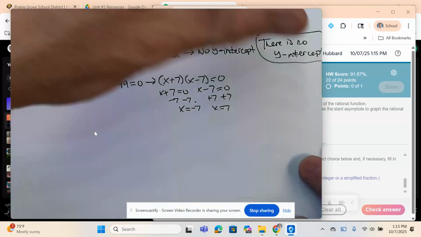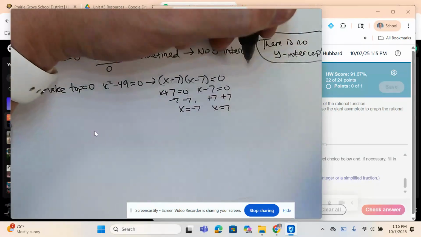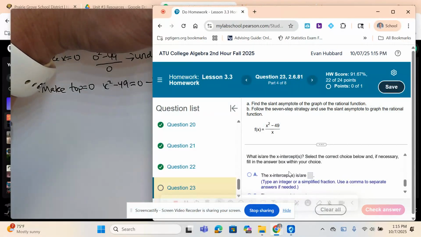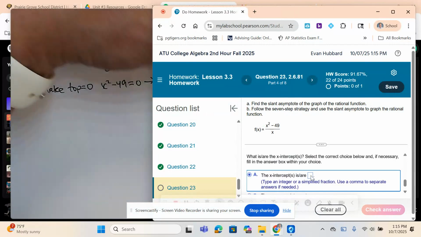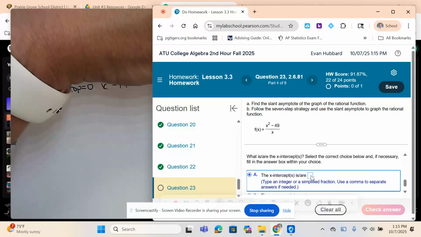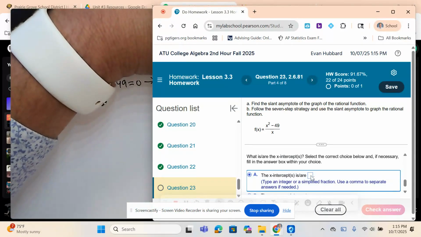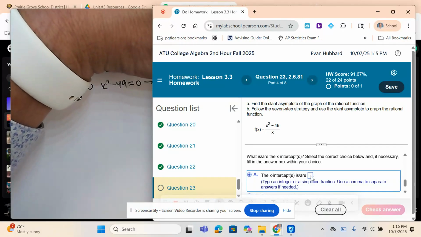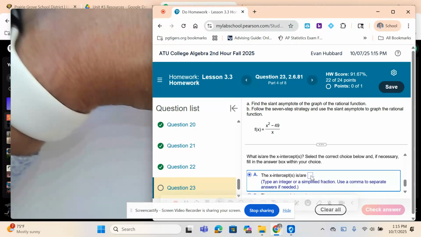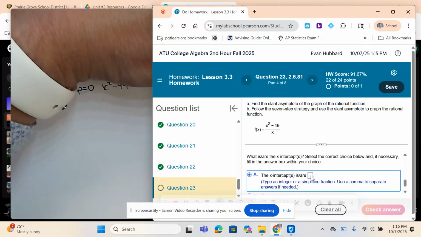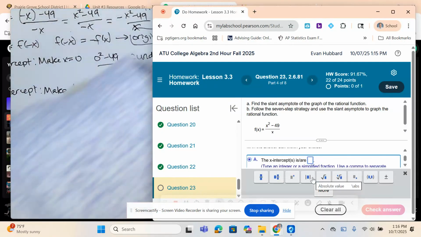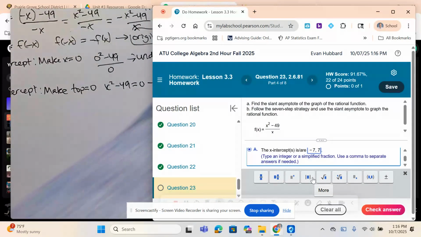So there are 2 x-intercepts. They just want you to list them. The x-intercepts are -7, comma 7.